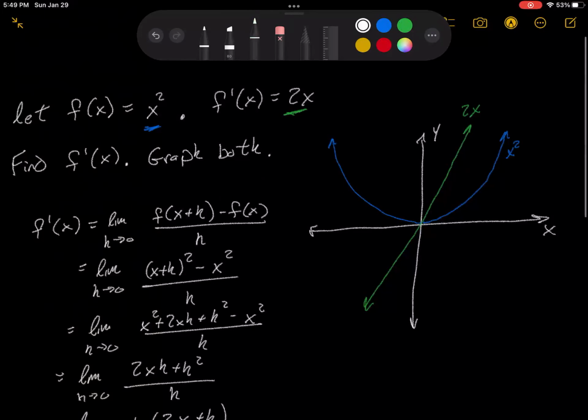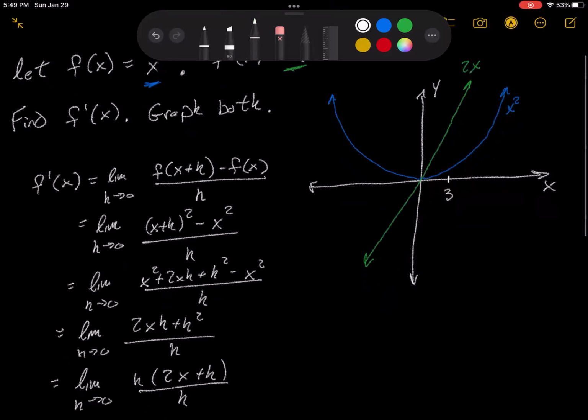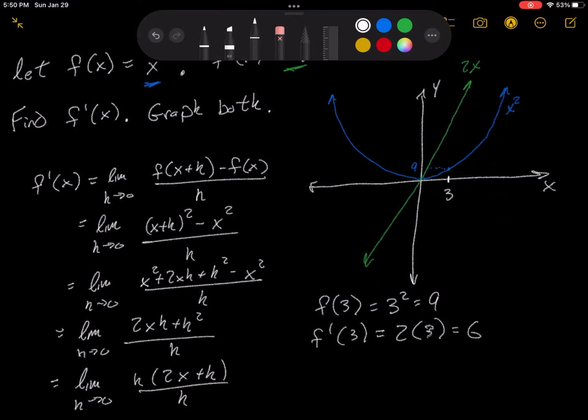All right, so let's pick a point. Let's look at maybe 3. Now, if I evaluate my original function at 3, that's 3 squared, which gives me 9. So this point right here is the y value 9. If I evaluate my derivative at that same point, 3, then that is 2x, so 2 times 3, which gives me a 6.